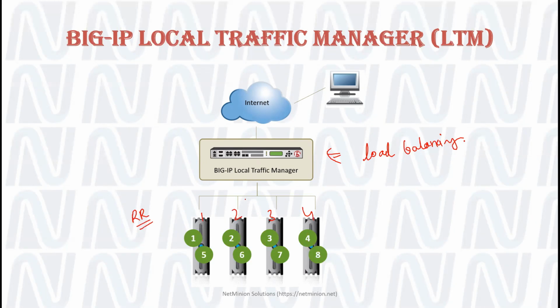Later on we will see there are a lot of load balancing mechanisms, static and dynamic, don't worry. Currently it's the default nature of round robin: first packet here, second packet here, third packet here, fourth packet here, and likewise the subsequent requests will go. This is load balancing, the first work of your Big IP Local Traffic Manager.